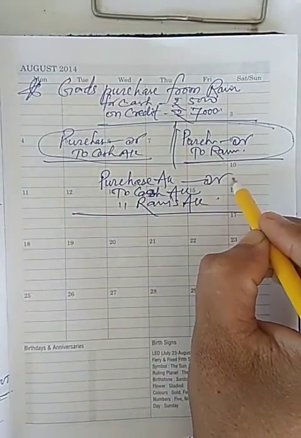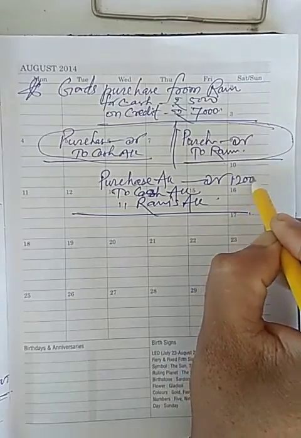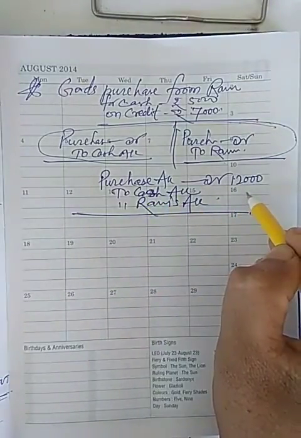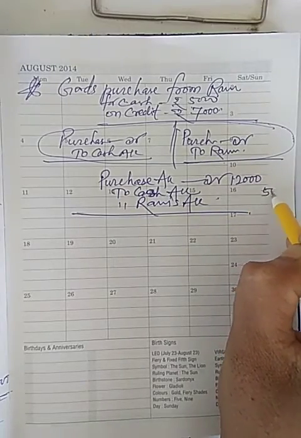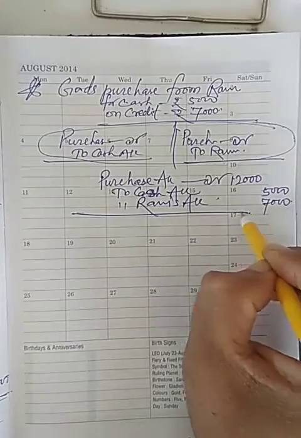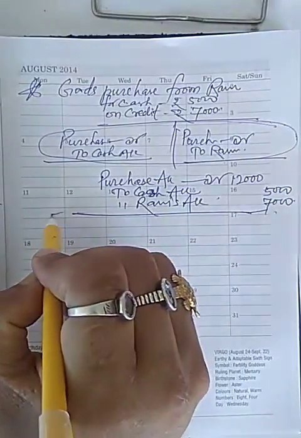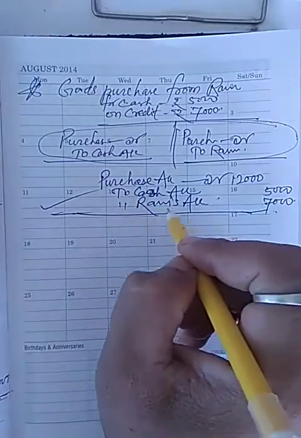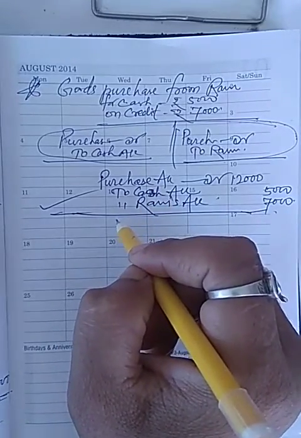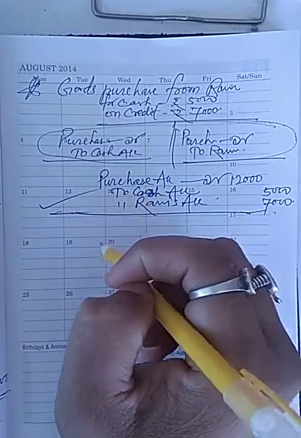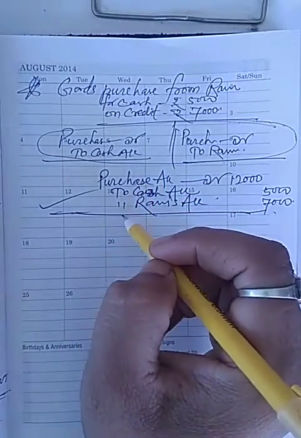Amount will be total purchase 12,000, cash purchase 5,000 and credit purchase 7,000. So this type of journal entry is called compound journal entry.